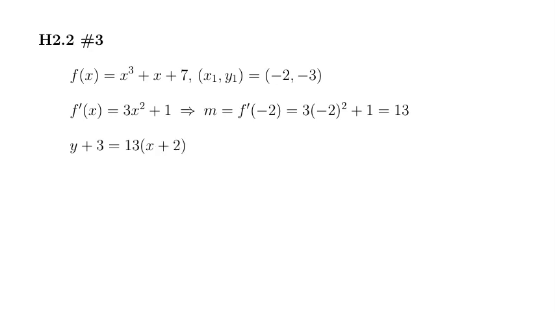If the website is asking you to find the y equals form, all you have to do is move this over to the other side. We subtract 3 from both sides, so y is all by itself.